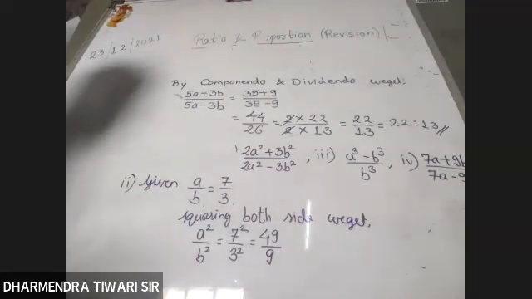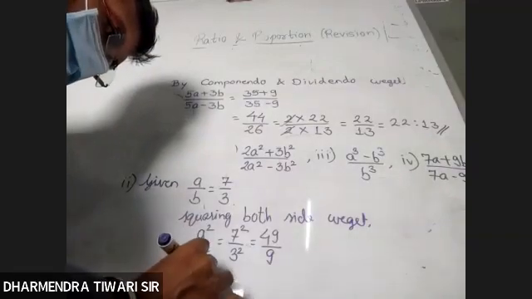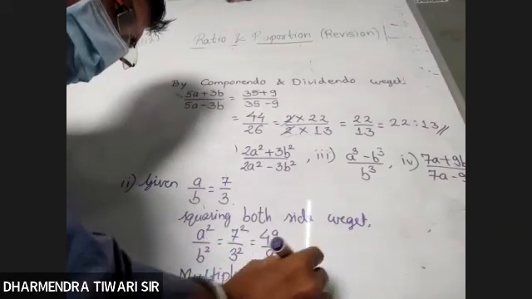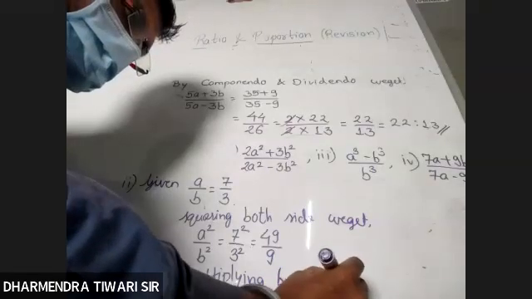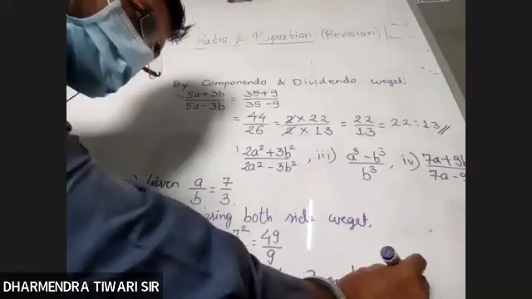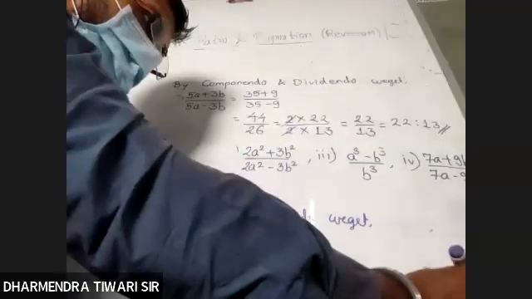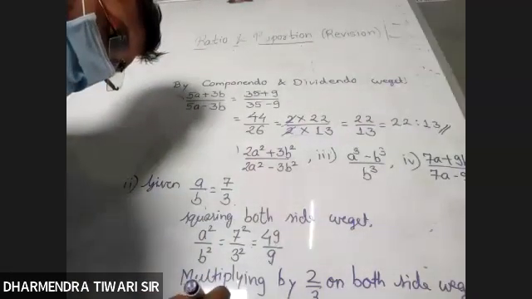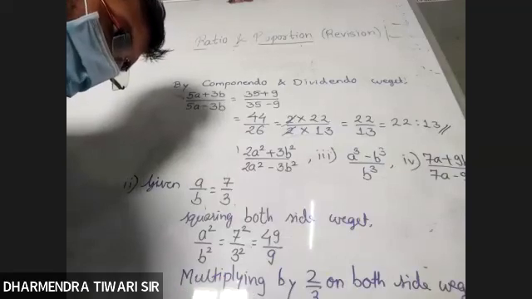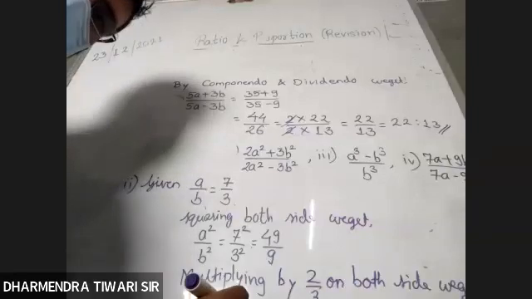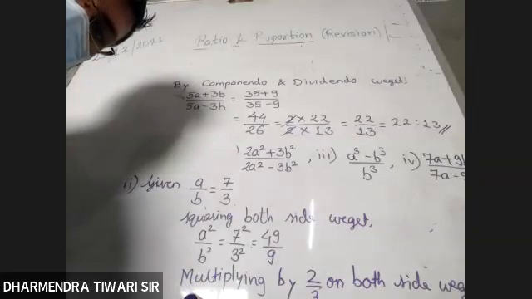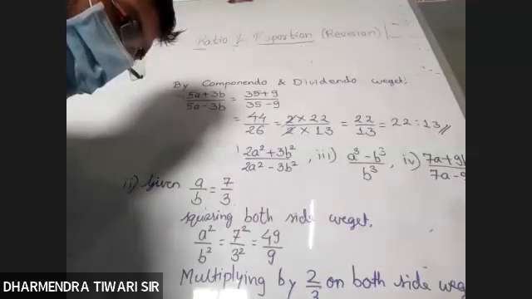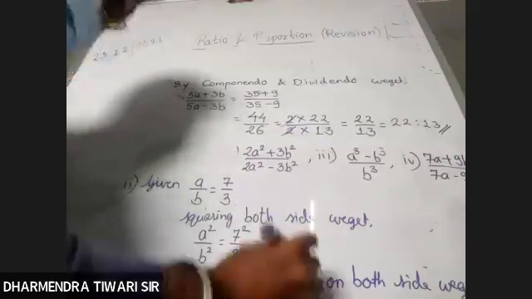So multiplying by 2 by 3 on both sides, we get 2 into a square upon 3 into b square is equal to 2 into 49 upon 3 into 9.